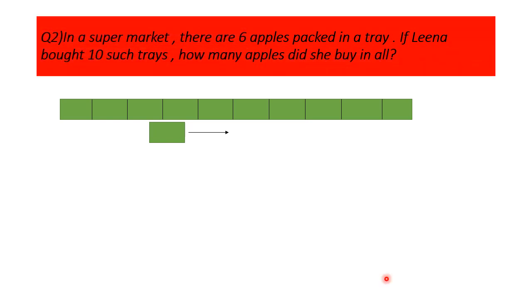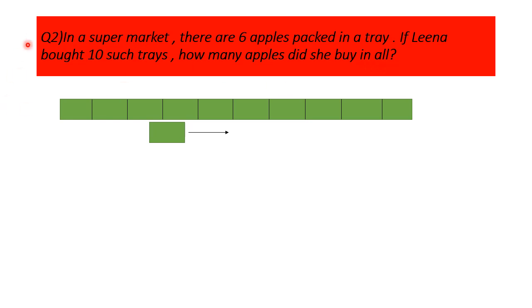Now the next question which I have taken is from exercise 3I itself, question number 2. Here the question is that in a supermarket there are 6 apples packed in a tray. Okay, there is one tray, and in one tray there are 6 apples. If Lena bought 10 such trays, how many apples did she buy in all?